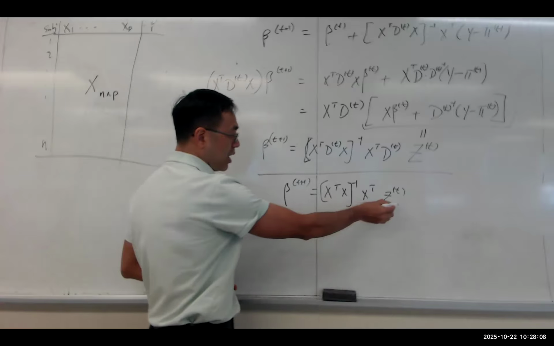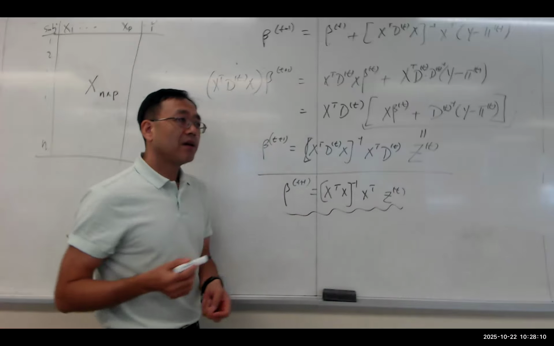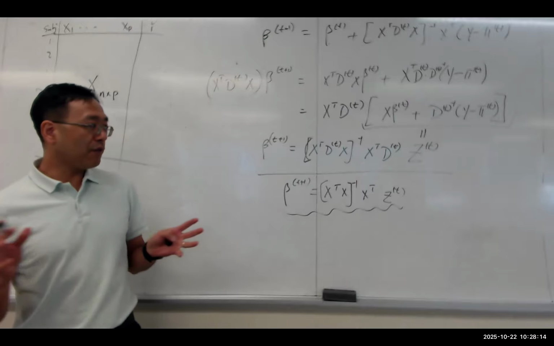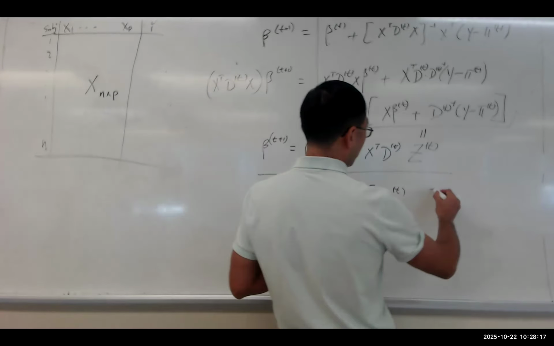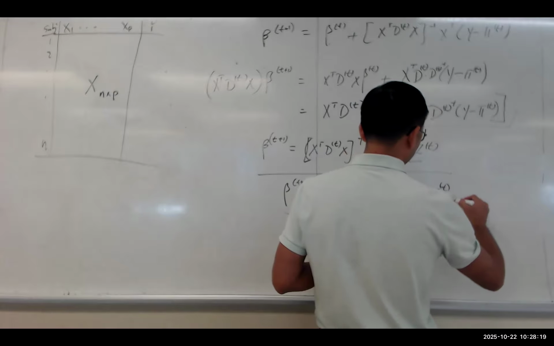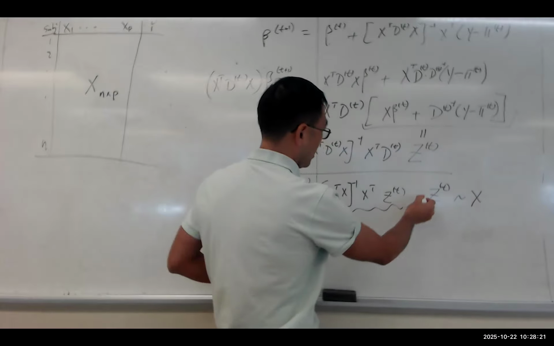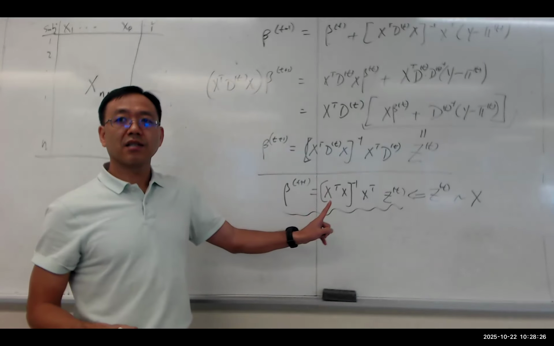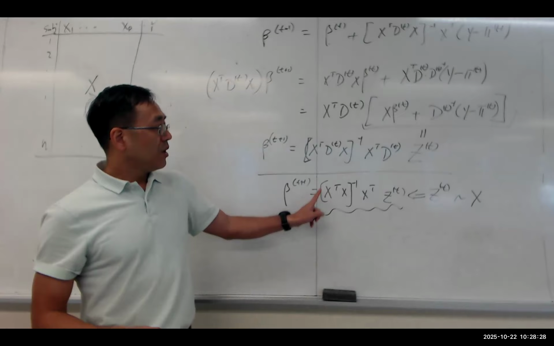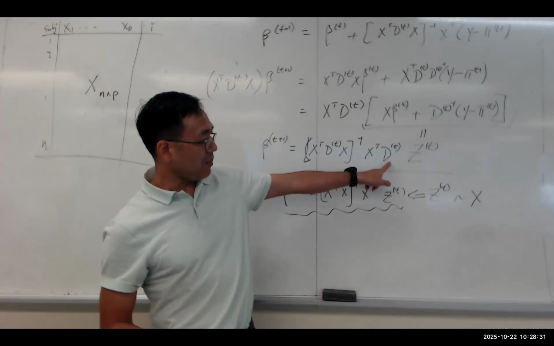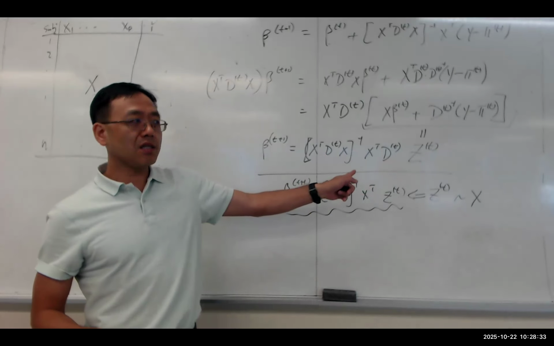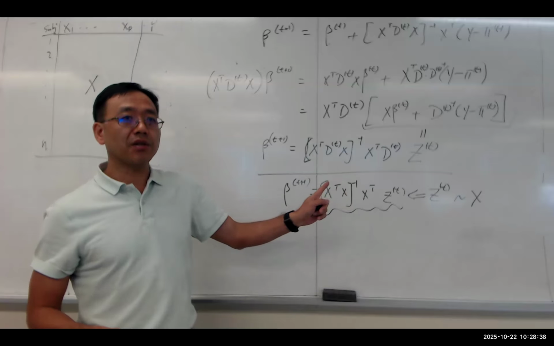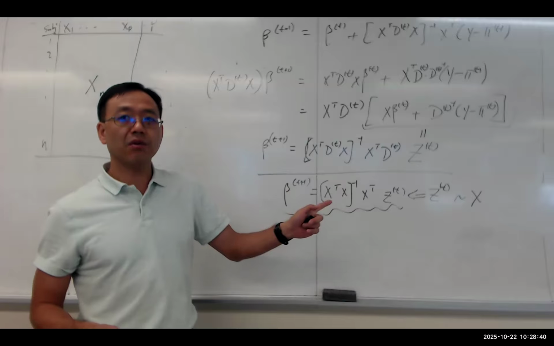This down below here is the solution of the linear regression, right? If I regress zt on x, then this is the coefficient for x, right? But now I have a Dt up here. So this is also representing a linear regression, but it is called weighted linear regression.